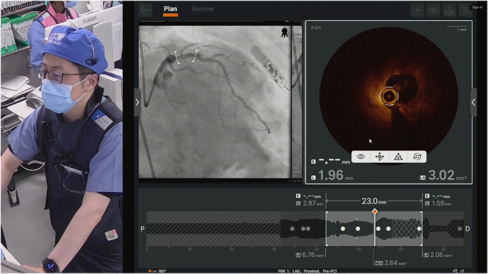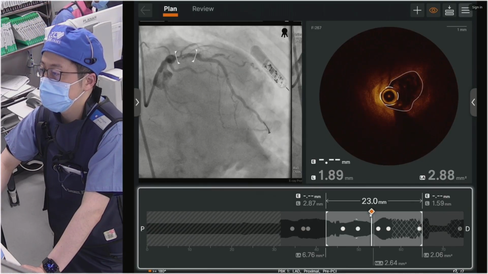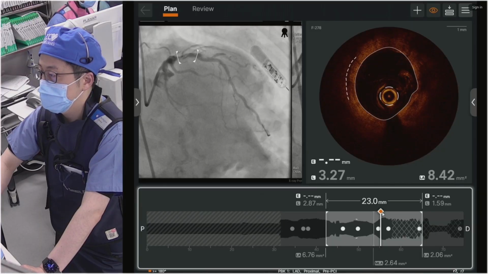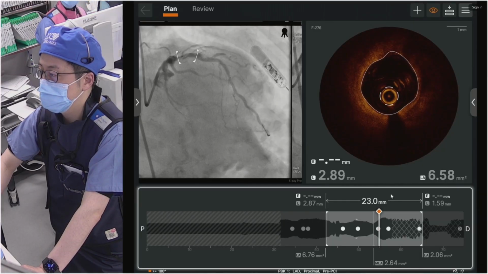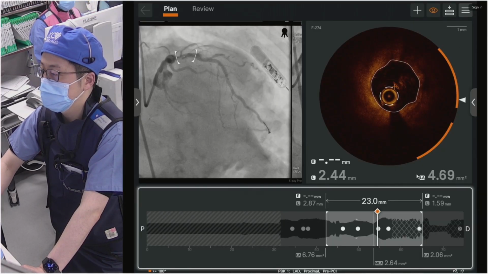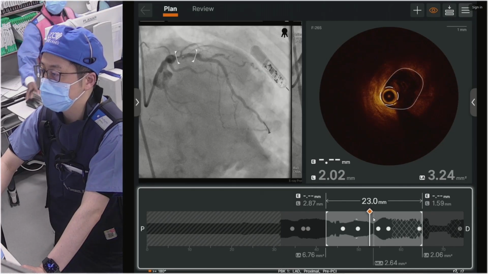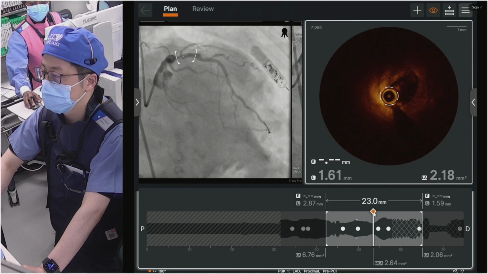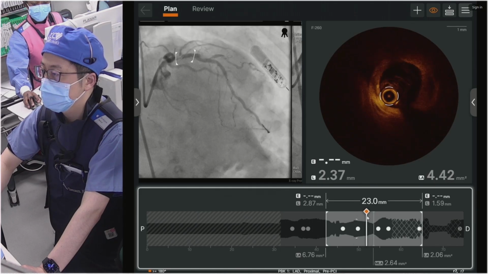First, the OCT didn't show any orange line, like a little bit here, like 90 degrees. But the tightest part, it looks like it's not that much calcium. I don't think the OCT is giving the truth here.